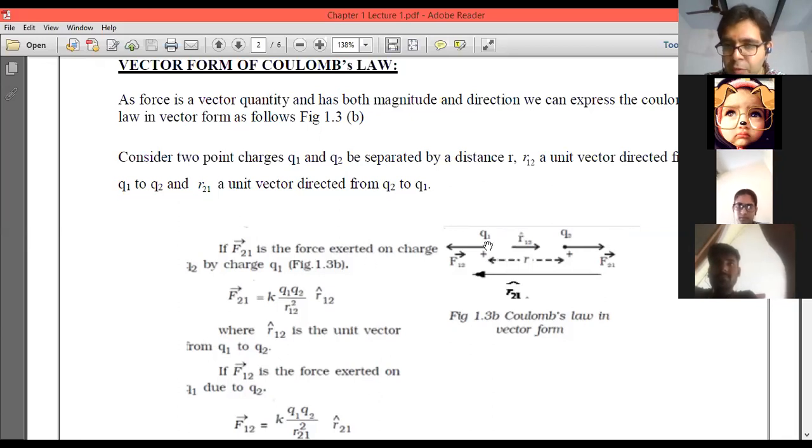That's why we are moving from 1 to 2, and we have to take a vector that is from 1 to 2, that is unit vector R12. So that's why we can write this thing. The force on 2 by 1, F21, is equal to K Q1 Q2 upon R12 square multiplied by a unit vector. And since we have multiplied it by a unit vector, we can write it in vector notation.